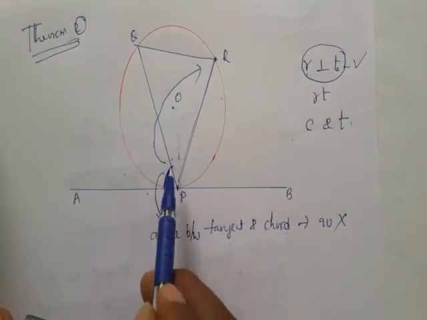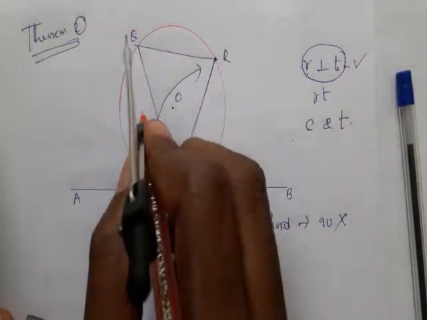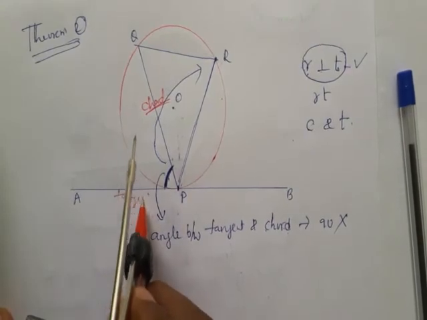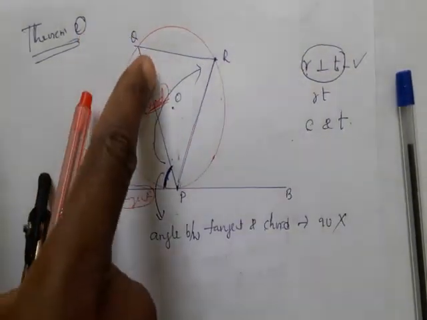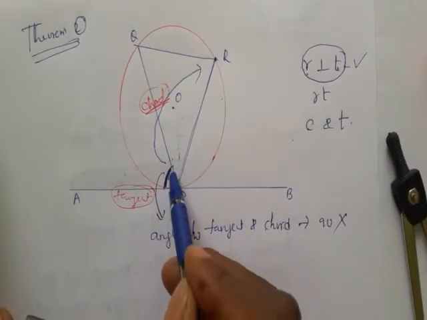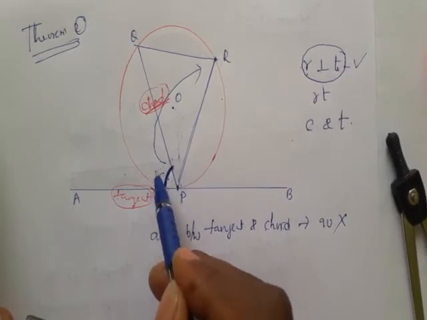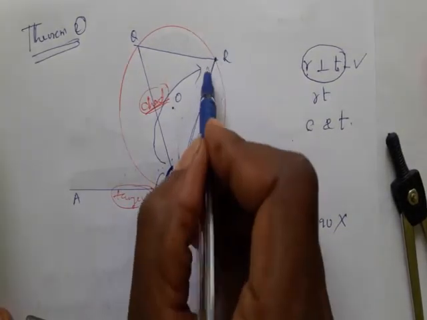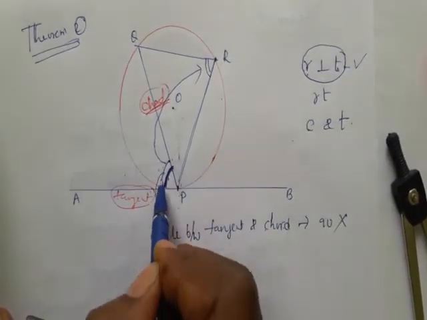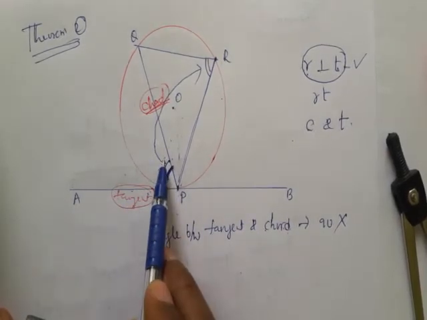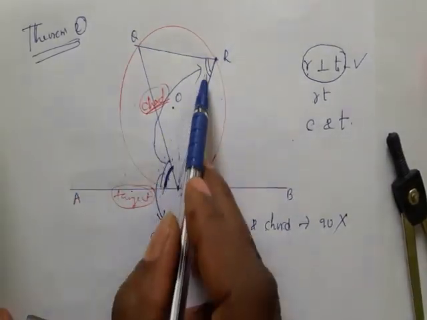That means the angle formed between chord and tangent, PQ is the chord, AB is the tangent. When the angle between chord and tangent is unknown, that angle will be equal to the angle standing above the PQ chord, that is angle R. This R angle will be equal to the chord and tangent angle. So the angle between chord and tangent is always equal to an angle standing on the same chord.